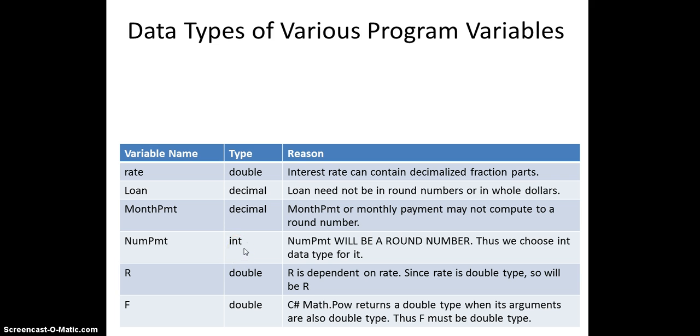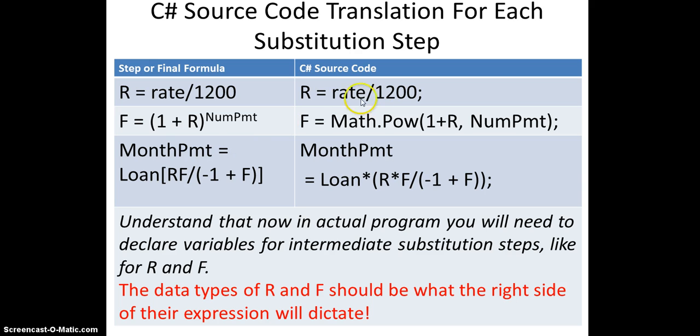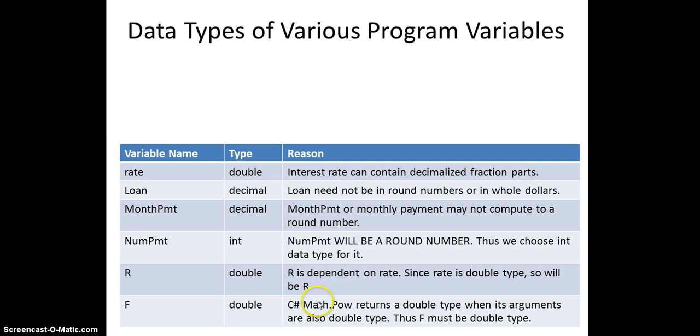It's a whole number. A whole number requires using integer type. R will be a double type because it looks like rate. Rate was double type. Rate divided by 1200 will be double type also. And Math.Pow always returns a double type. So F will be double type also. Okay, so these are the data types.